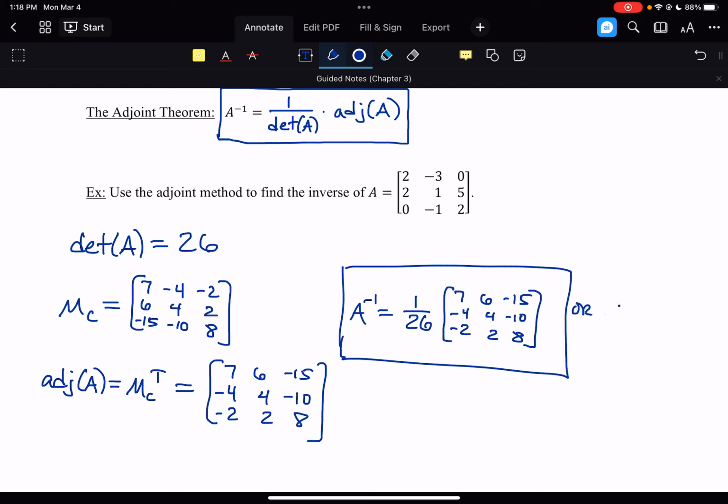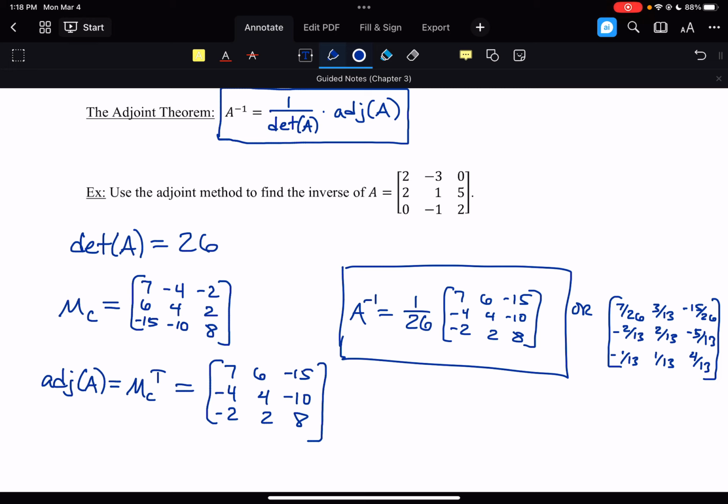You could alternatively, if you wanted to not have the coefficient out in front, go through the process of 7 over 26, 3 over 13, negative 15 over 26, negative 2 over 13, simplifying a bit, 2 over 13, negative 5 over 13, negative 1 over 13, 1 over 13, and 4 over 13.